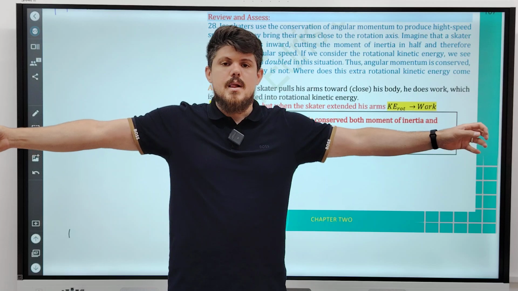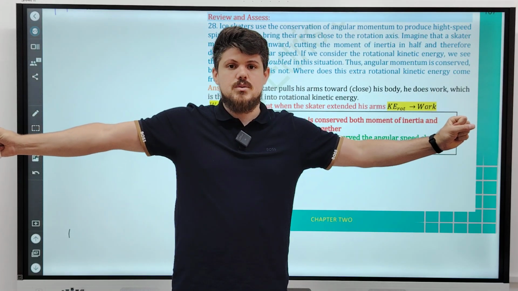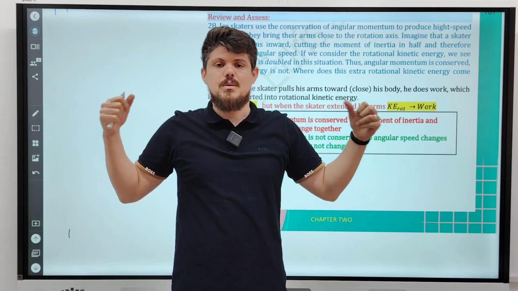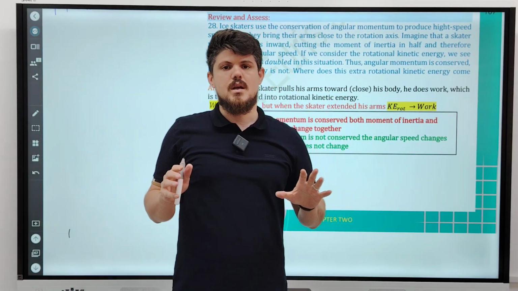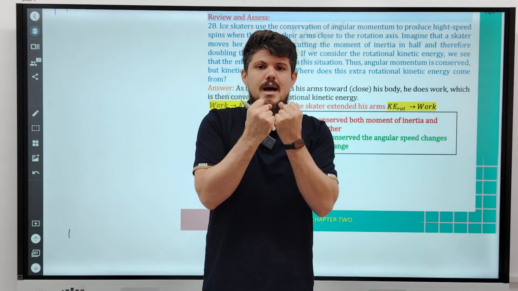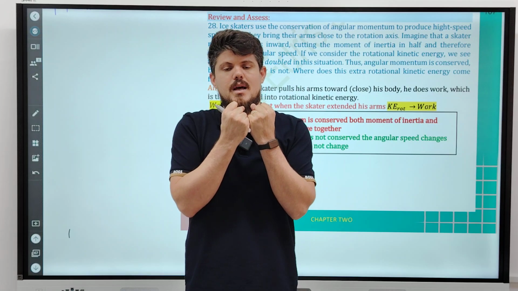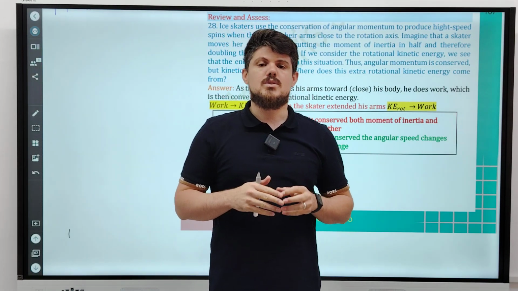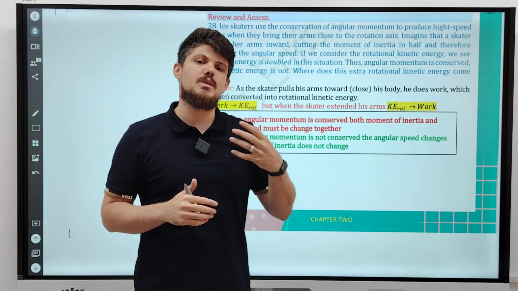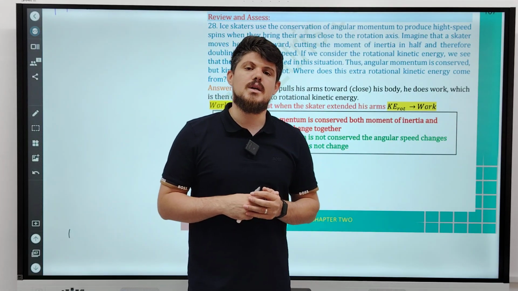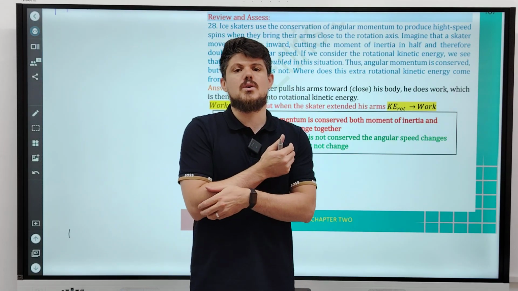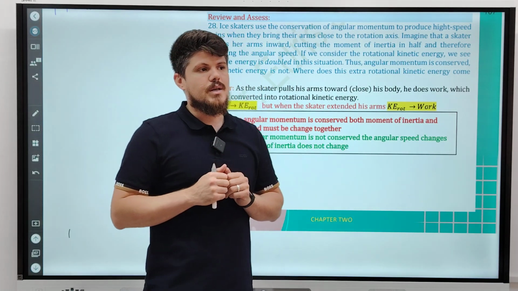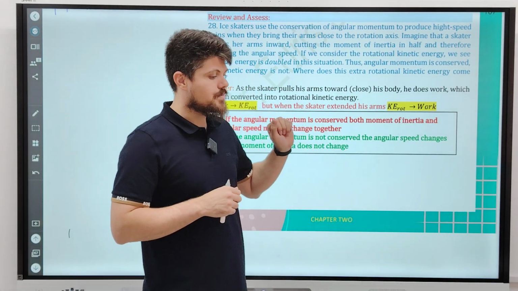When the moment of inertia increases, what happens to the angular speed? It decreases, but the angular momentum is constant. In the case when he closes his hands to his body, the radius decreases and the moment of inertia decreases, so the angular speed must increase to keep the angular momentum unchanged.